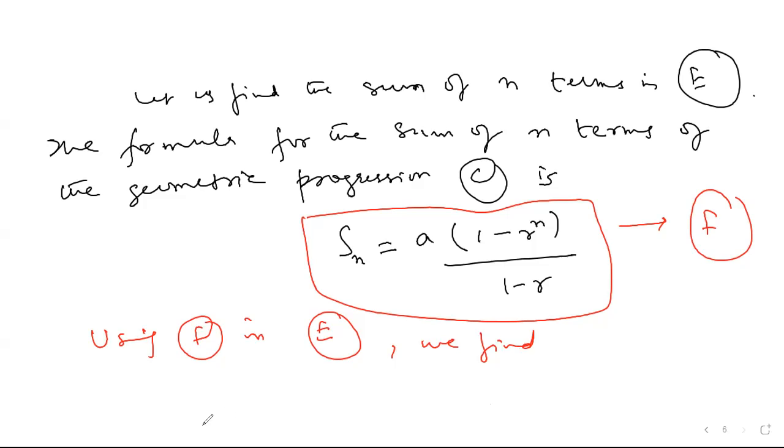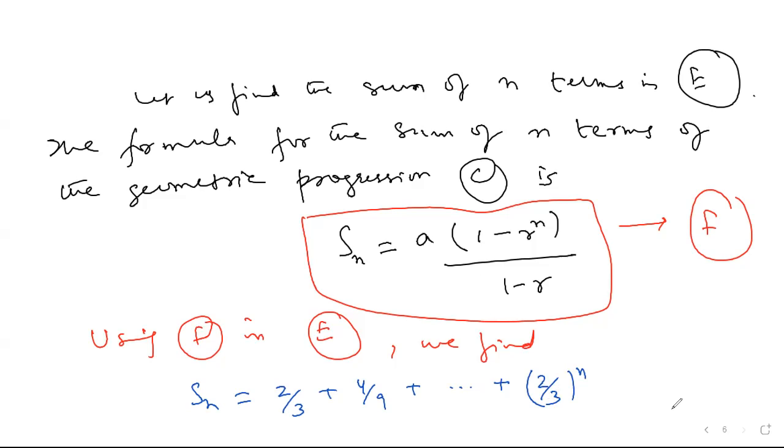Let me use the same page. Use another color. Sn, which is first term is our 2 by 3. Then we have 4 by 9. Then we have so on. Now nth term will be 2 by 3 raised by n, right?